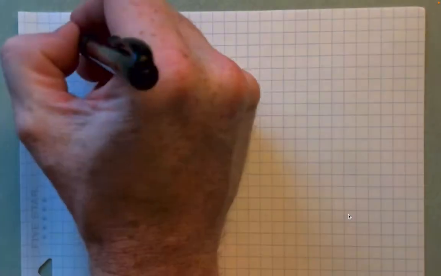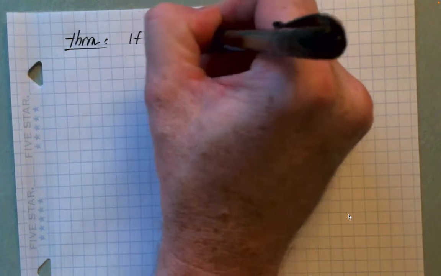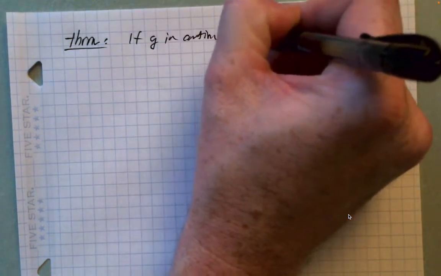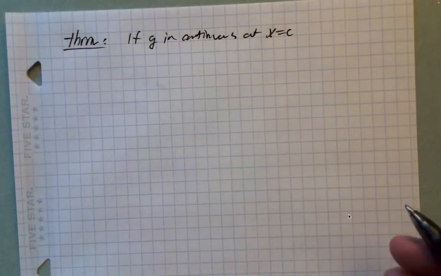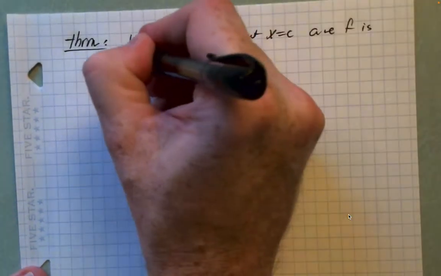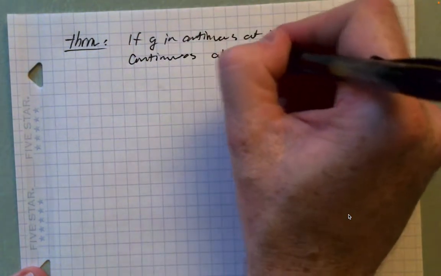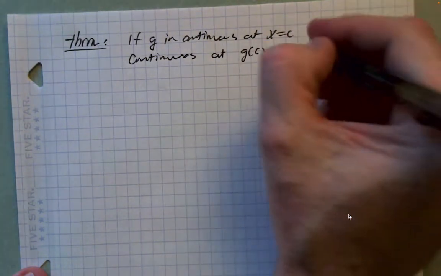All right, let's take a look at another theorem here. These are all useful theorems surrounding continuity. If g is continuous at x equals c, okay, and f is continuous at g of c, okay, then what are we going to do?